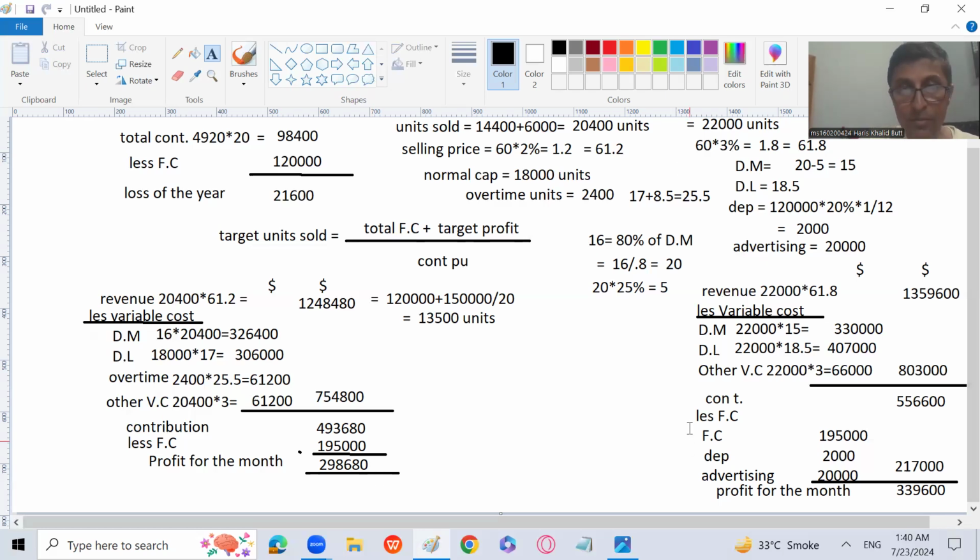So the profit from option B is more than the profit from option A. So apparently it looks like option B is better than option A. But having said this, you can see that the selling price has increased in option A or option 1 by 2%. So maybe it will reduce the sales in the future.